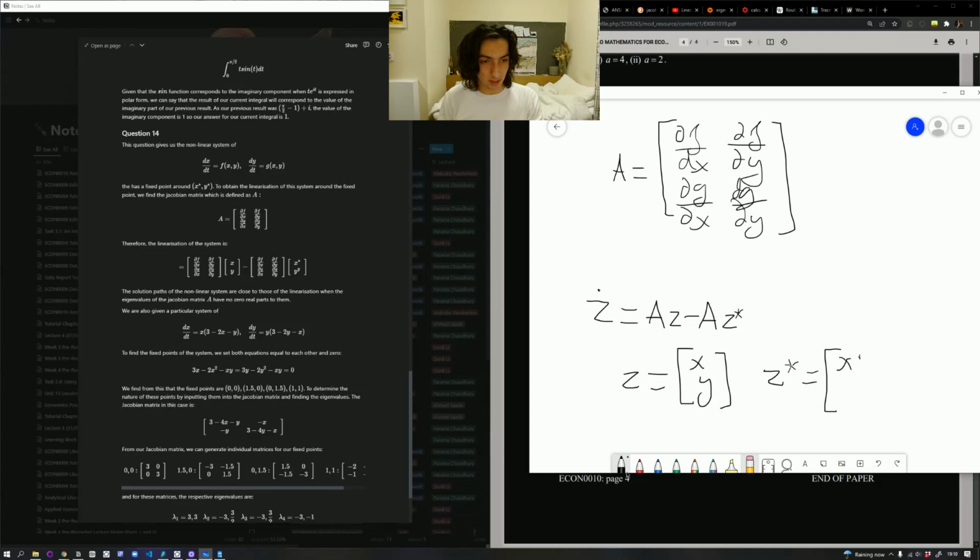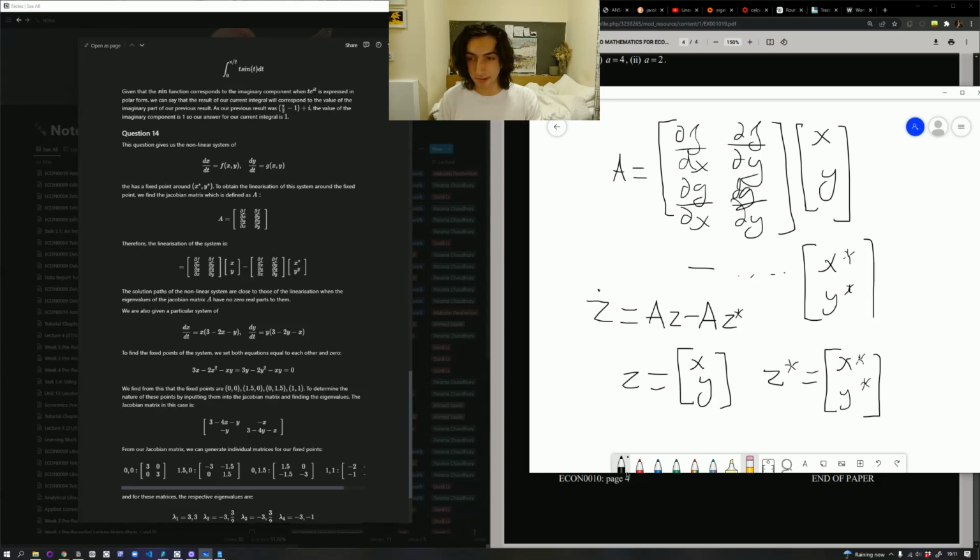So phrasing the entire thing, we essentially get this Jacobian matrix times x, y, and then minus the same thing times x star, y star, and that's the linearization, pretty much.